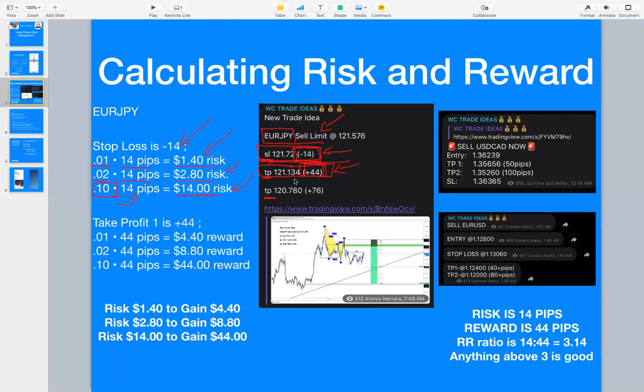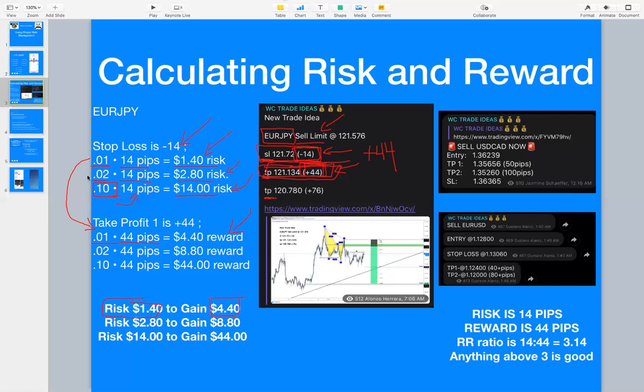Now, going back to our take profit level, it is plus 44. If our take profit 1 is 44 pips and we use that exact same lot size, 0.01, 10 cents times 44 pips, that means we risked $1.40 to gain $4.40.